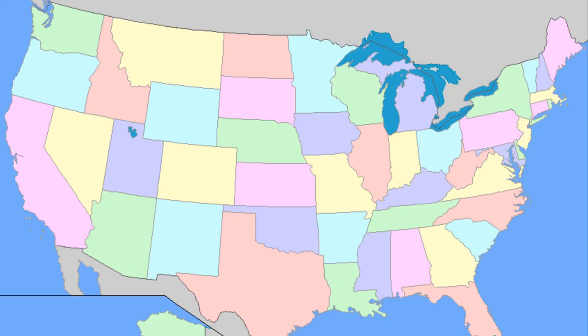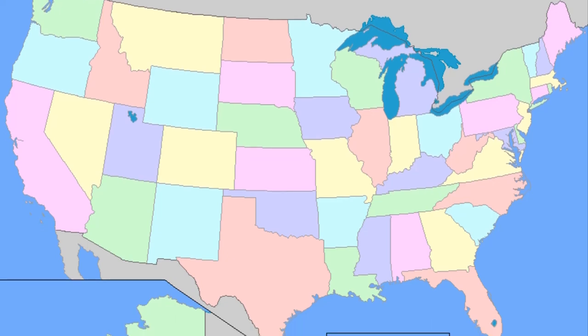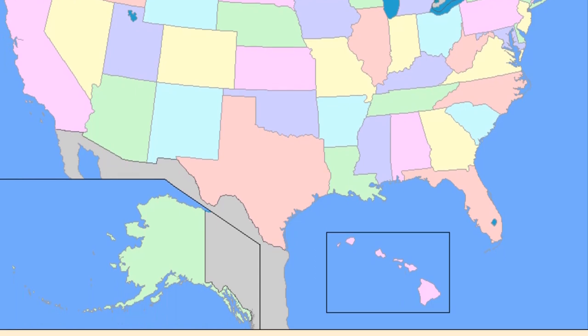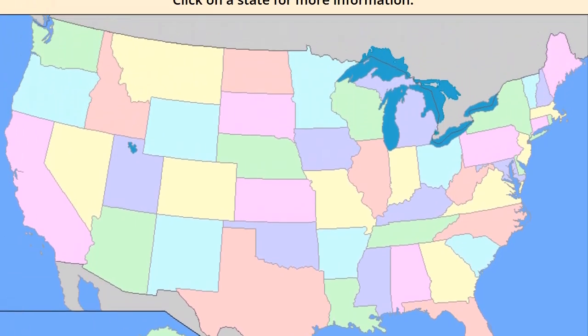So look at the map of the United States there. You can look at the whole map of the U.S. as, if you want, a big rectangle. You can also go all the way up.